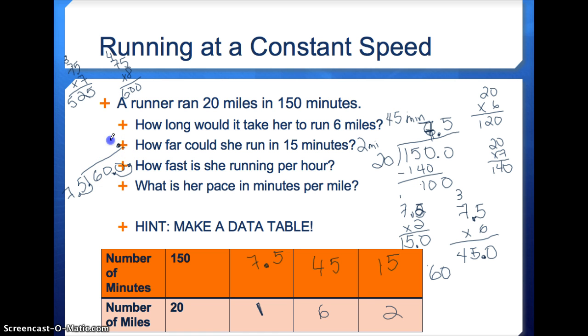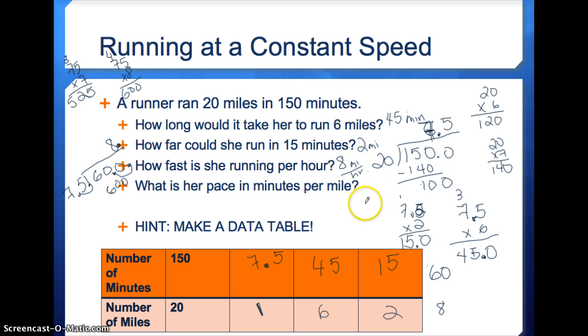So 75 goes into 60 8 times evenly. Okay, so this is 8 then. So she is running at a pace of 8 miles per hour. So 8 miles per hour.